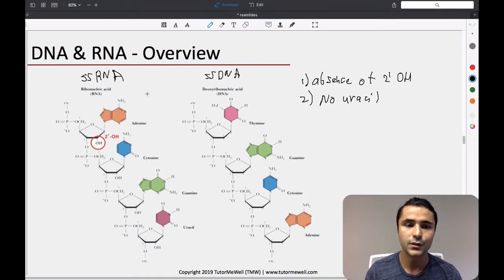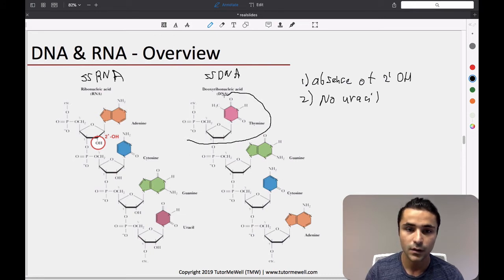Both of these nucleic acids are made up of nucleotides. Nucleotides are the smallest building blocks of both RNA and DNA. I want to circle one here. This is one of the nucleotides, and you can circle the rest for yourself.